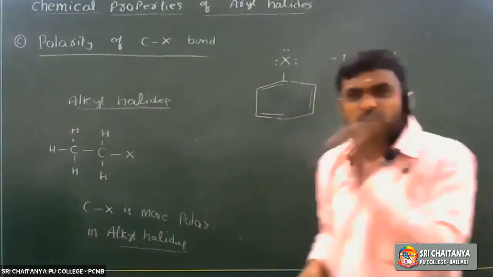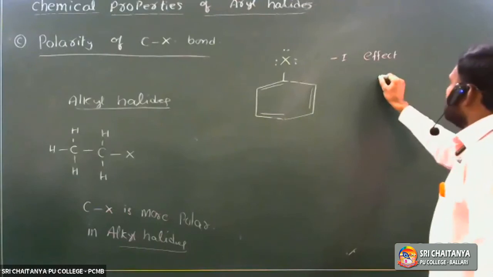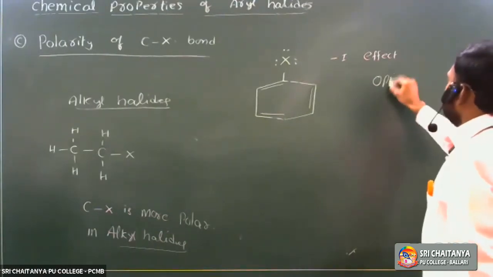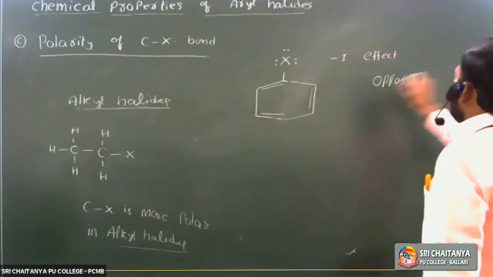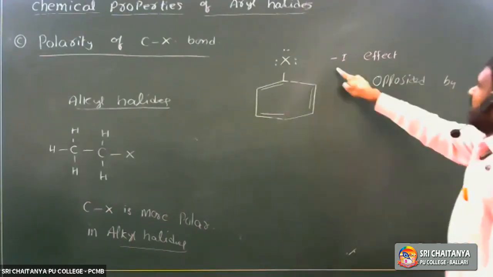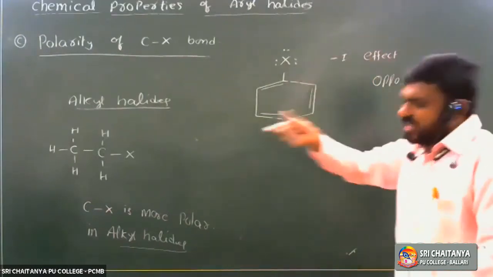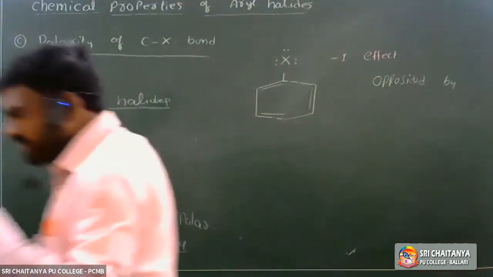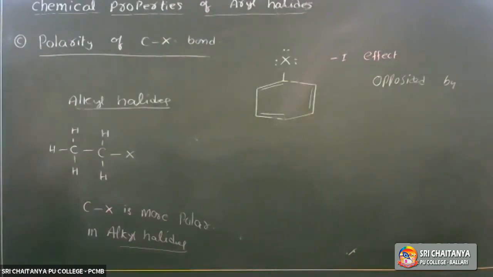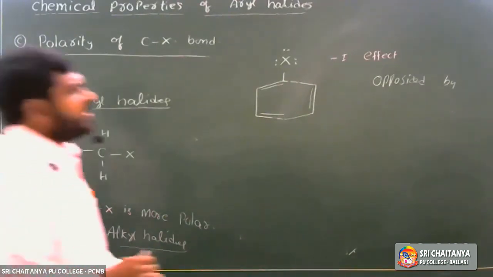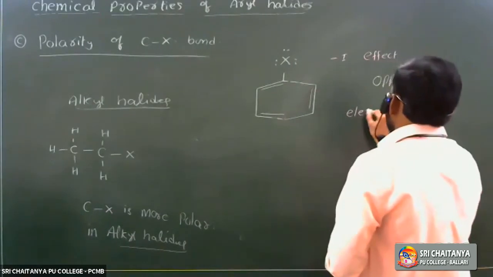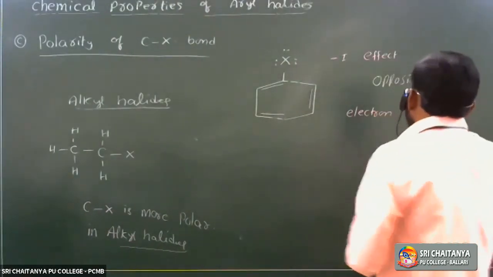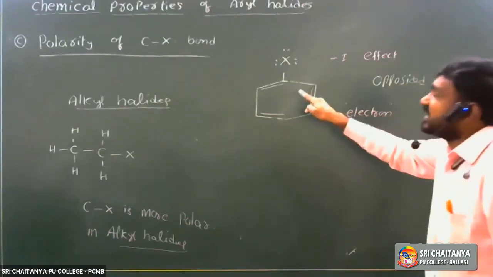This electron withdrawing nature of the halogen atom is opposed by the electron releasing resonance effect.